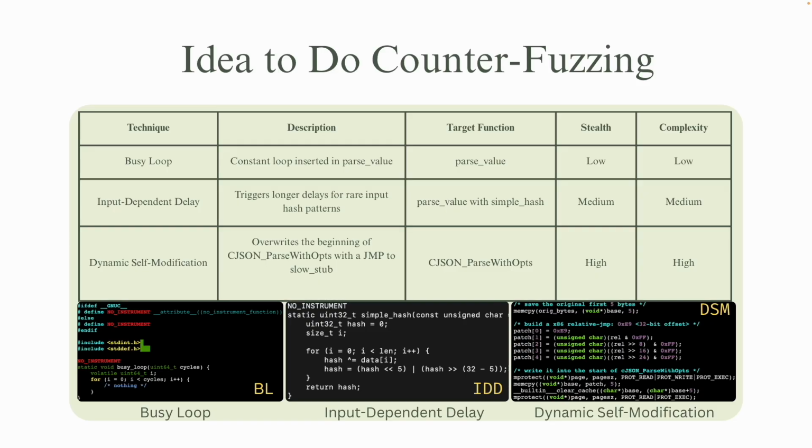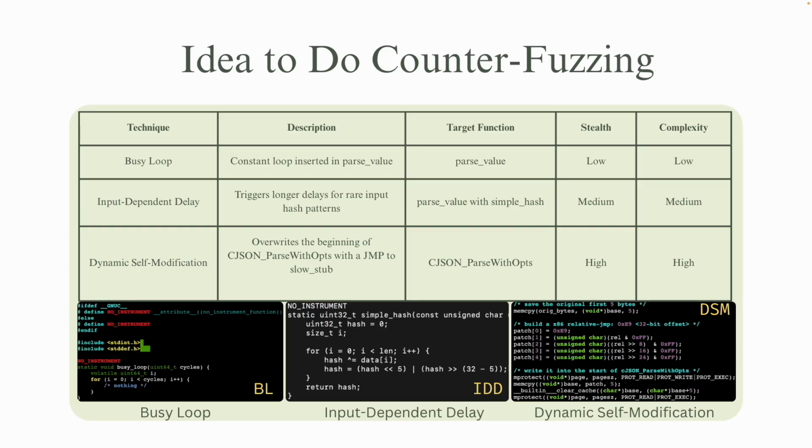We inserted a busy loop function inside parse value. This is because parse value is invoked for every JSON value, making it the perfect spot for our delay. By adding a busy loop, we slow down the parsing process for every input that requires parsing, effectively forcing the fuzzer to take more time to process the inputs.